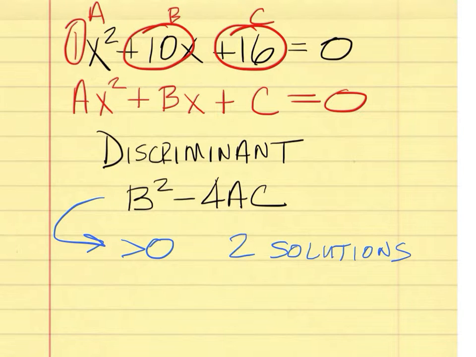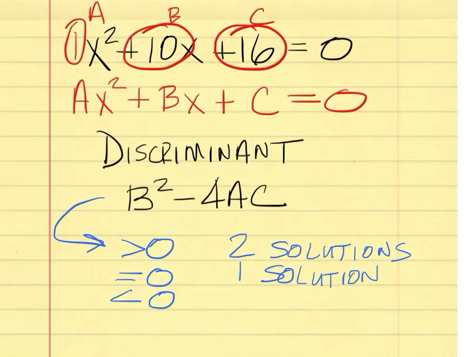If the answer to the discriminant is equal to 0, then you will have one solution. If the answer to the discriminant is less than 0, then you will have no solutions.